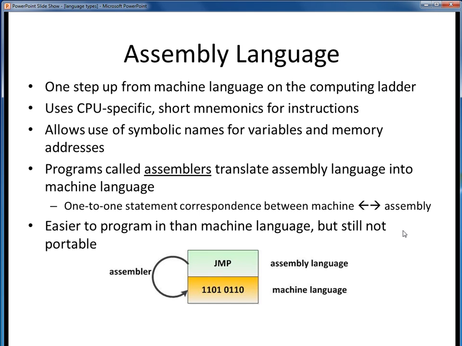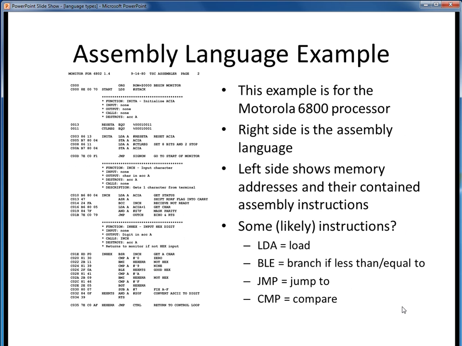For example, in embedded systems programming, where optimization for high performance is often a must, developers there might prefer to program in assembly directly. If you're interested in the embedded system concentration, we do offer a class in assembly language programming here at Sierra, and that is CS39. Here's an example of an assembly language program.